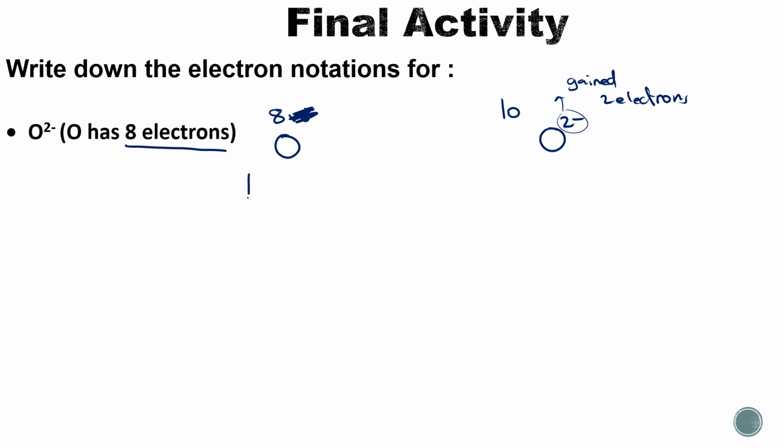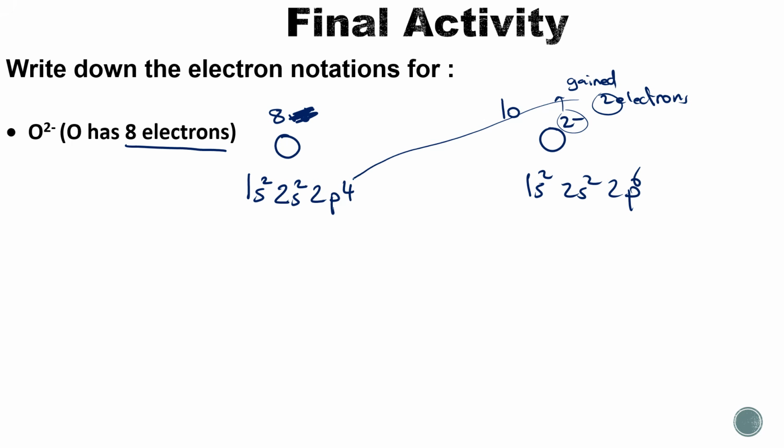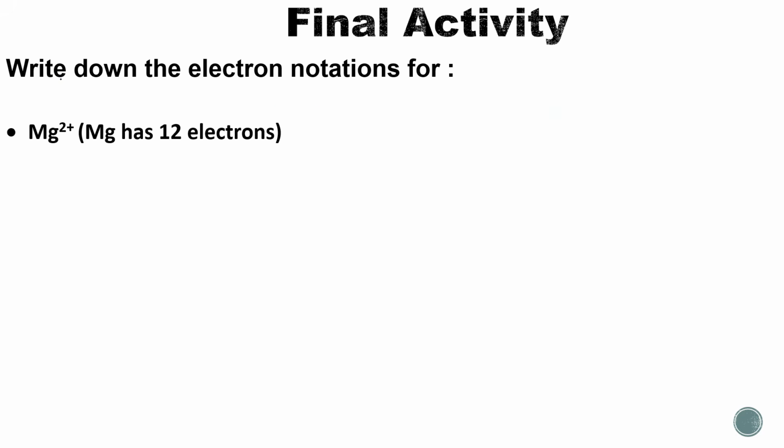So if we write the notation, it will be 1s2, 2s2, 2p4. Now for O negative 2, it is 1s2, 2s2, 2p6, because we added 2 electrons to the p. Okay. What about this one? Try it on your own first and then come back.